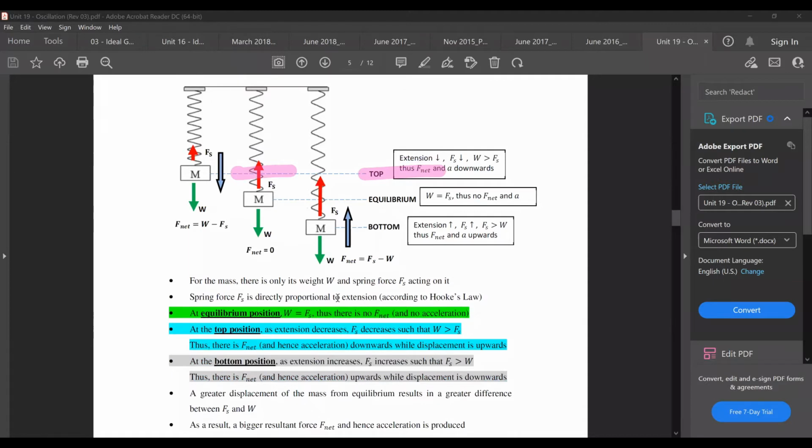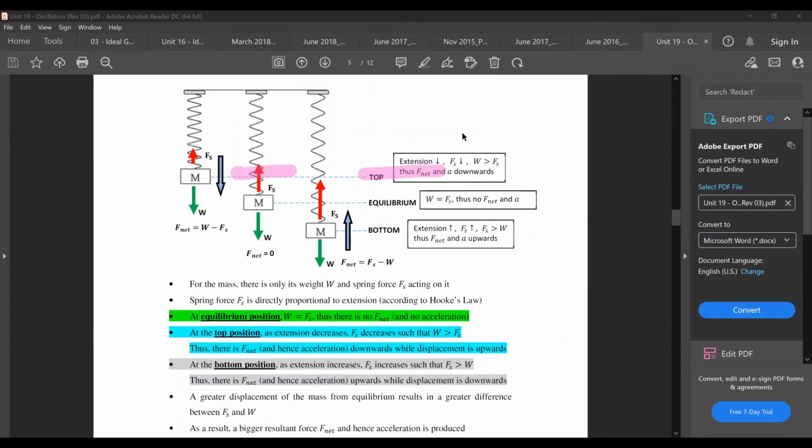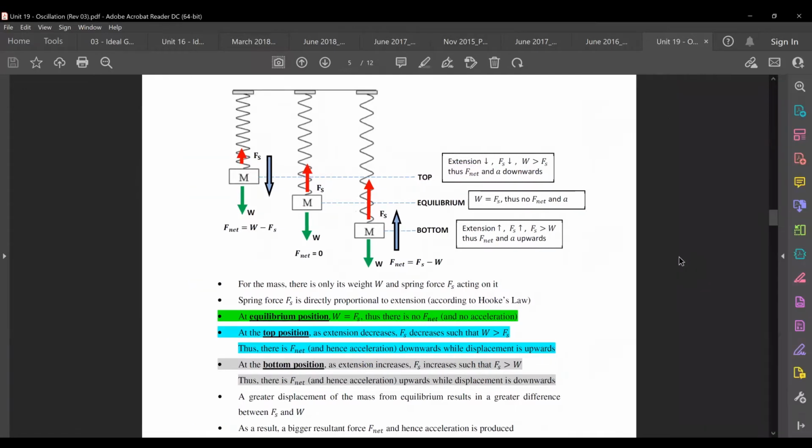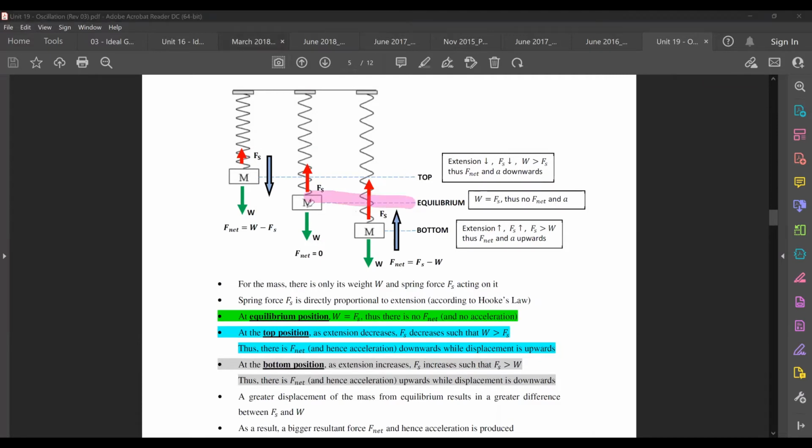If I have a mass spring system and I displace it from equilibrium, this part here being my equilibrium position, if I displace the mass upwards or downwards and then release it, the mass will start to oscillate, moving up and down, up and down about your equilibrium position right over here.